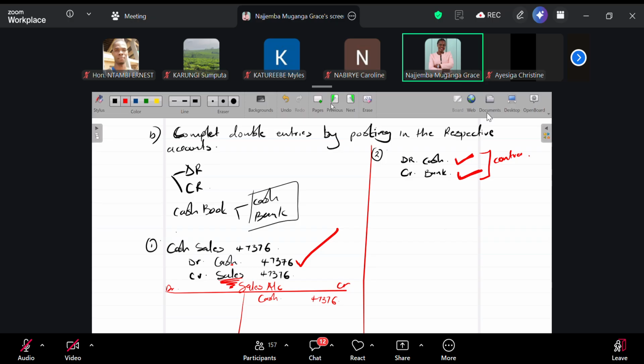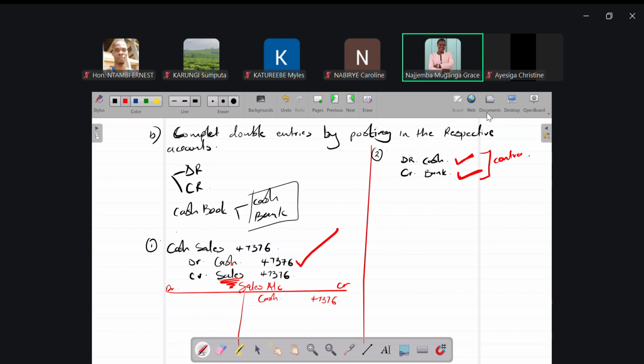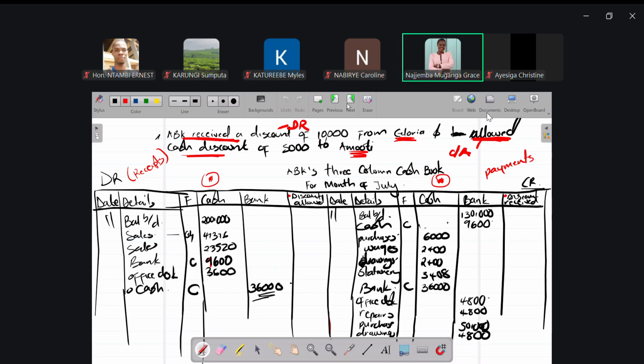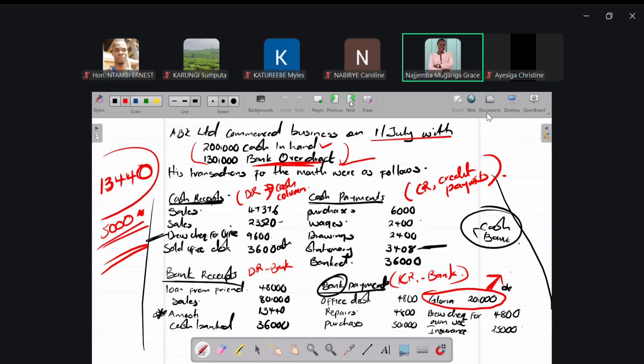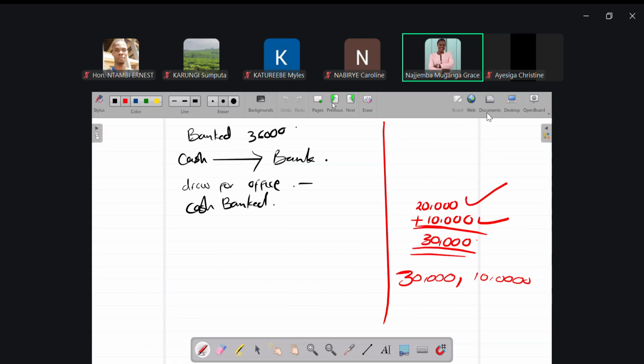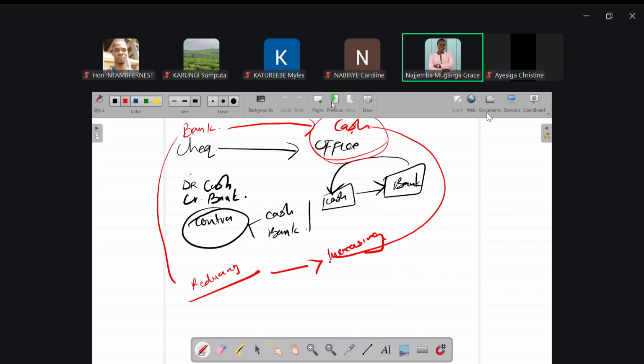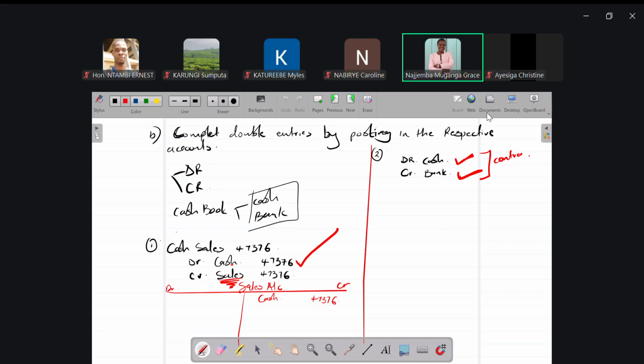But then when you look at transaction 3, where we have sold office desk, cash 3,600. When you sell office desk, the entry is, where am I writing? Sold office desk. When I sell, I receive money. And we received cash 3,600. What did we sell? The office desk, 3,600.